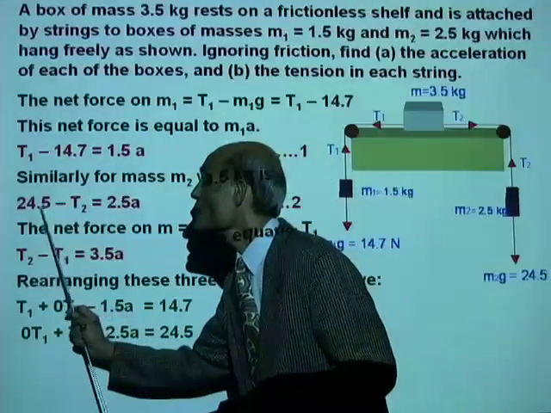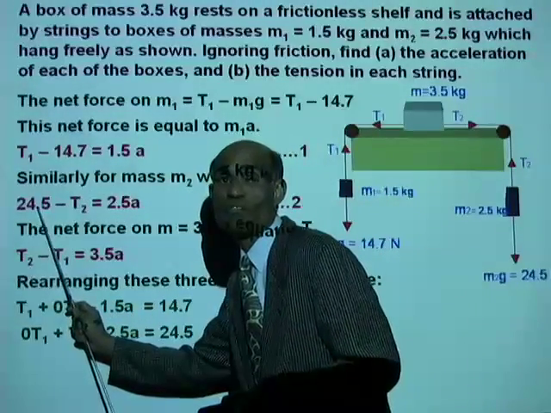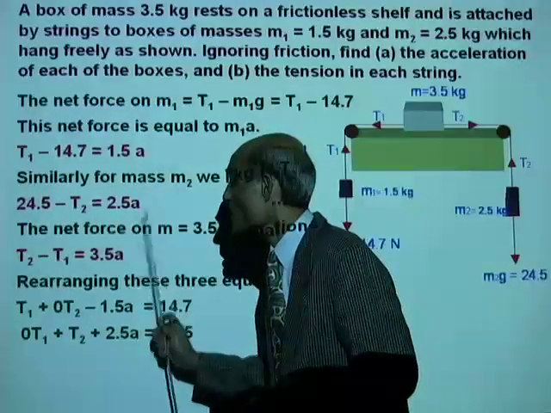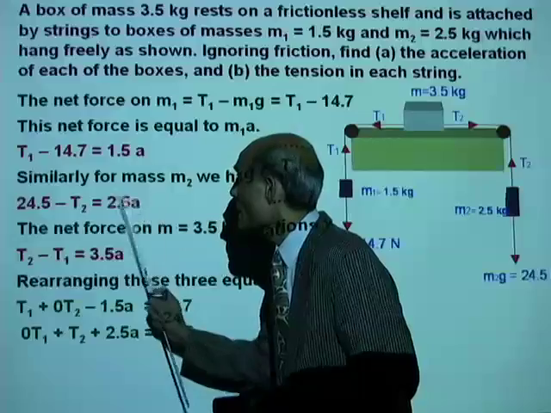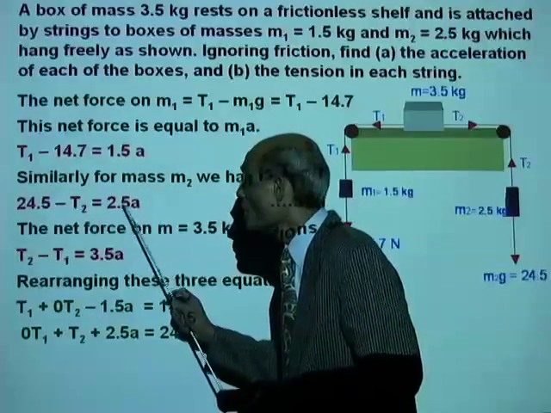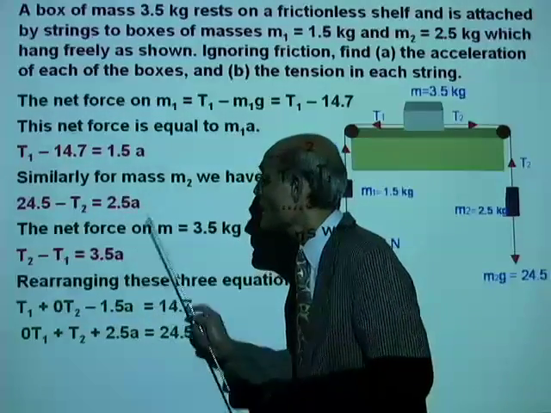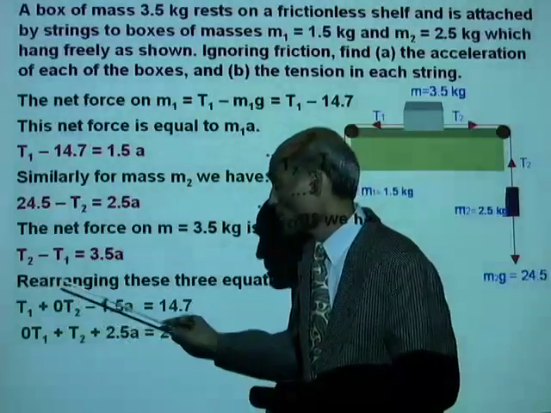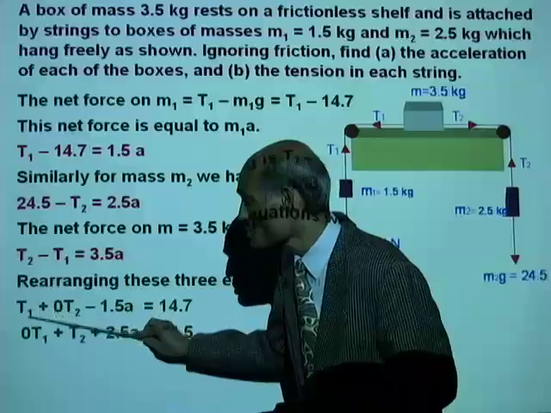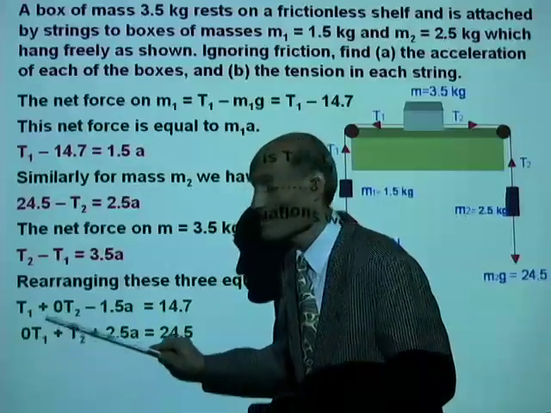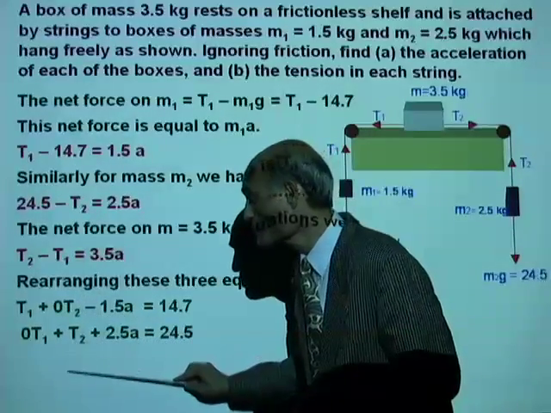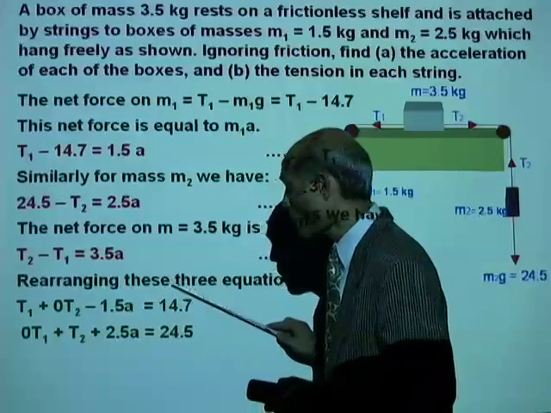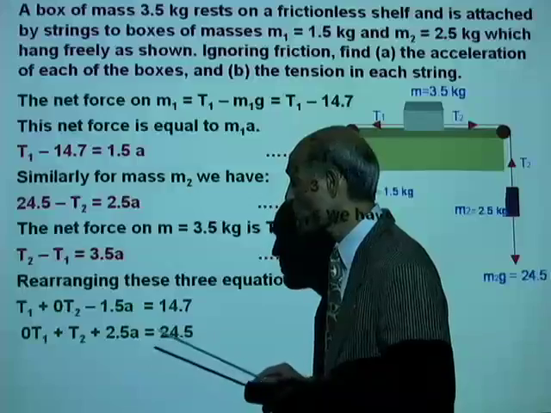What I did is left the 24.5 on the left, take the negative T2 to the right. So I have 0 T1 plus T2 plus 2.5A equal to 24.5. Now look at the way I wrote the equation. All T1s must be the first variable, all T2s the second variable, the A is the third variable, all the constant numbers on the right.